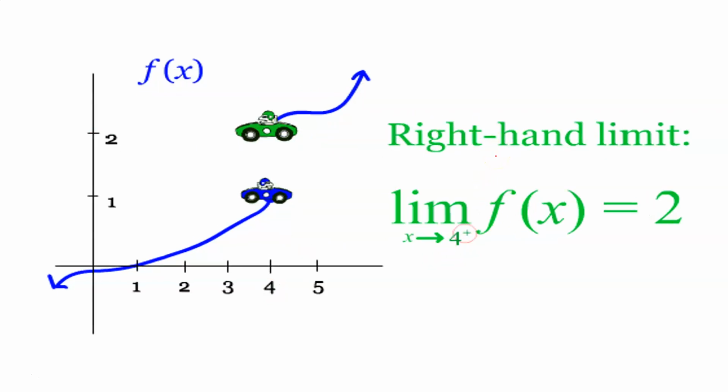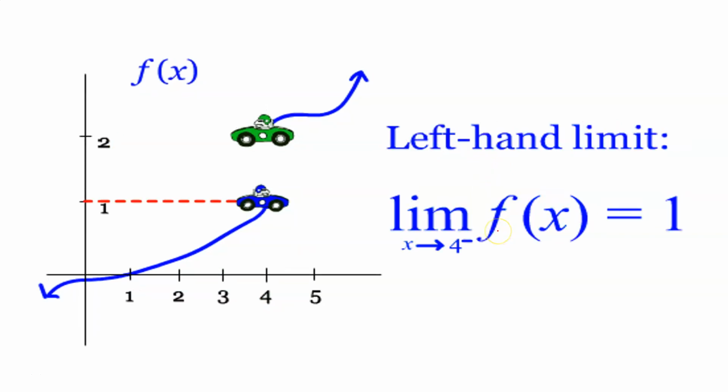How about left hand limit? Left hand limit means you have a negative over here, which means that when you are given a function with x approaching 4 from the left, so let's see which graph or which curve you're going to choose. Of course, this one, right?